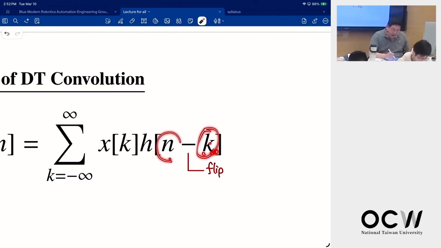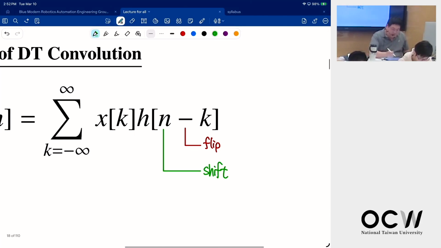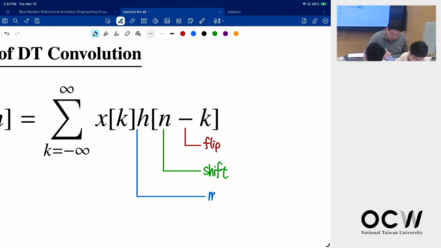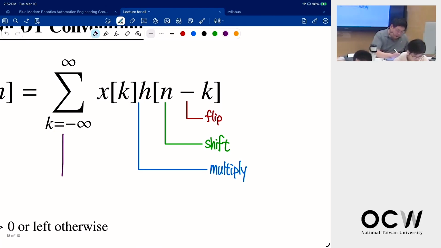And then what is n? N means shift. I flip and then I shift. And then you multiply by x k. And finally, you do the summation.